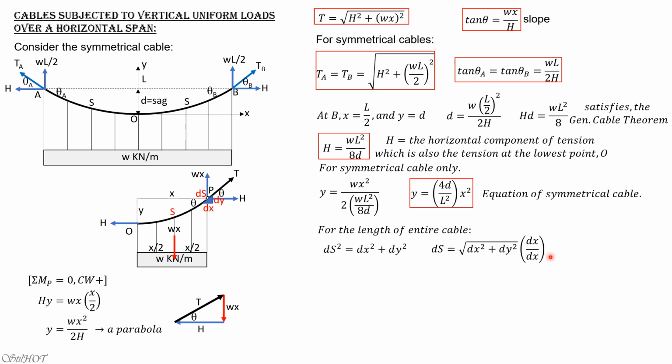We can multiply everything by 1, and 1 is represented by dx over dx. Insert the denominator dx into the radical, so it becomes squared. So dx squared over dx squared is 1, and this is (dy/dx) quantity squared, or slope squared. So ds is the square root of 1 plus (dy/dx) quantity squared, times dx.